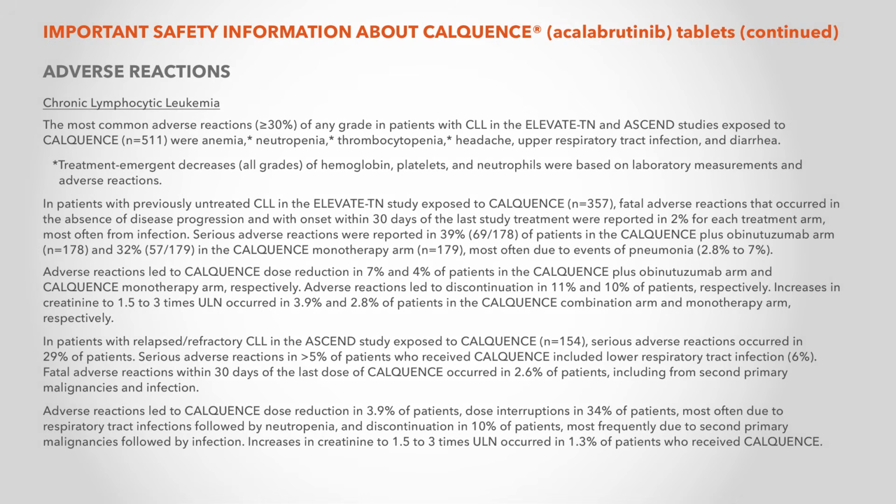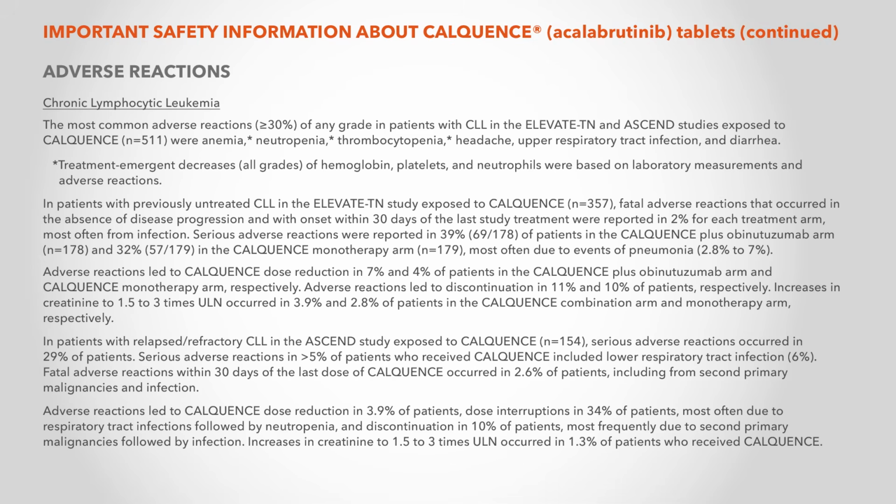Adverse reactions. Chronic lymphocytic leukemia. The most common adverse reactions, greater than or equal to 30% of any grade in patients with CLL in the ELEVATE-TN and ASCEND studies exposed to CALQUENCE, N equals 511, were anemia, neutropenia, thrombocytopenia, headache, upper respiratory tract infection, and diarrhea.